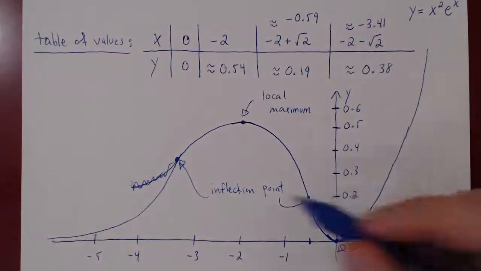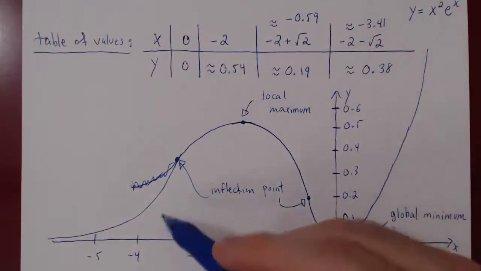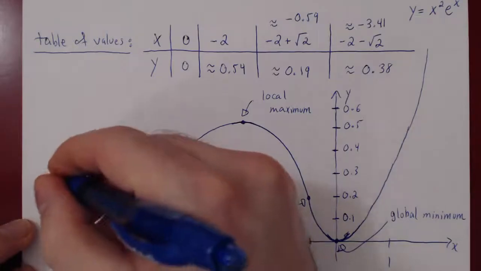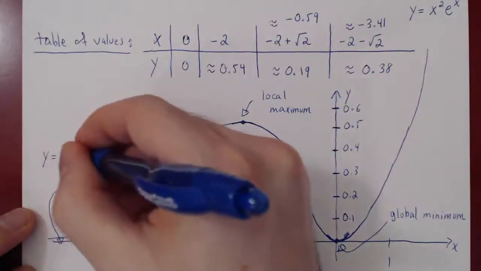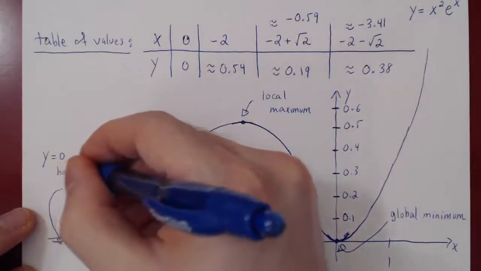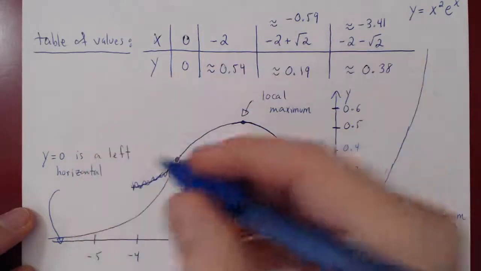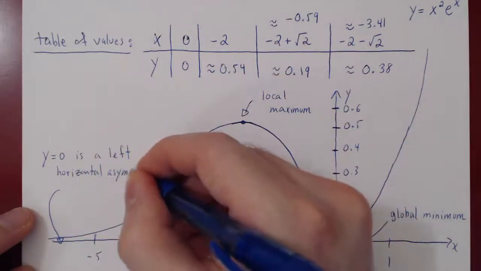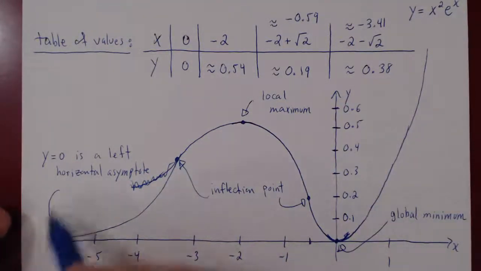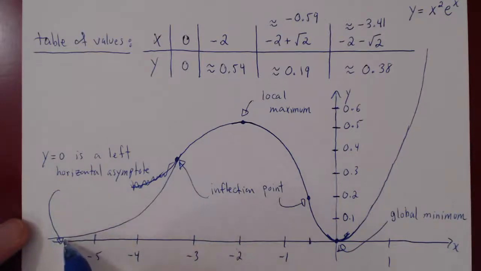And lastly, we have no vertical asymptotes, but we do have a left horizontal asymptote, y equal to 0. So we know that as x approaches negative infinity, y will be approaching the x-axis where the y value is 0. So the curve will be getting closer and closer to the x-axis as we keep moving further and further away to the left.